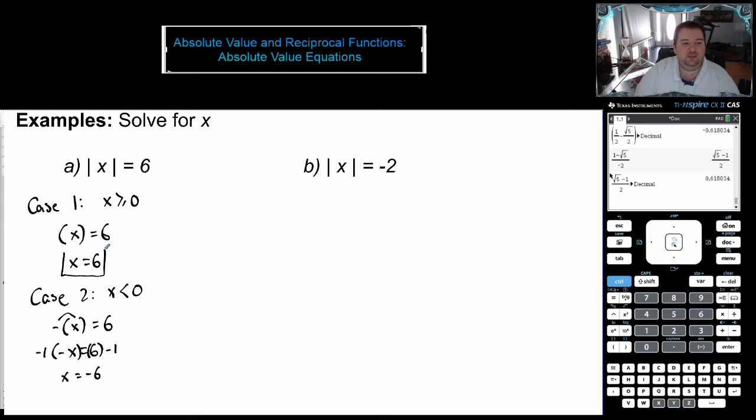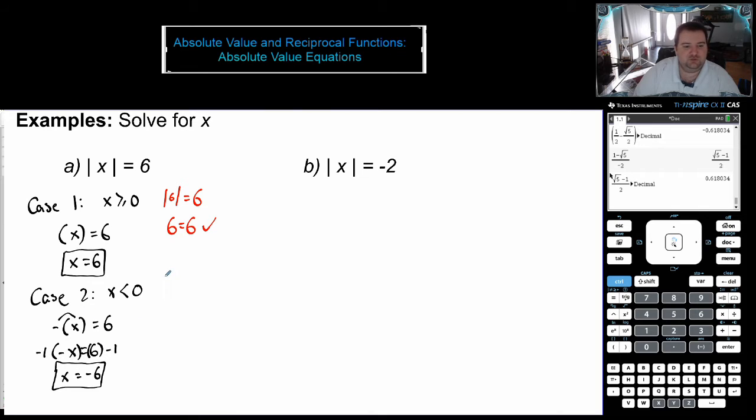So we have these two solutions, these two cases that we've identified. Just to show you that this is the way it works, let's test our answers. Our first one was x equals 6. Is the absolute value of 6 equal to 6? Well, the absolute value of 6 is 6, and 6 equals 6, so of course it is.